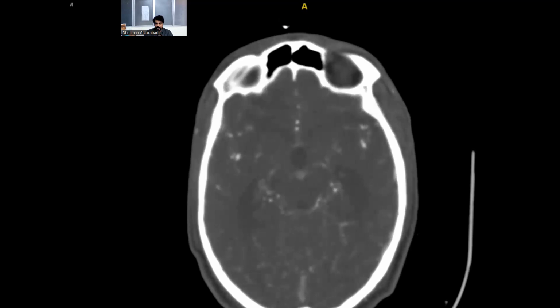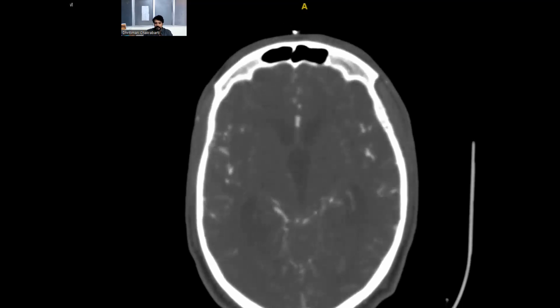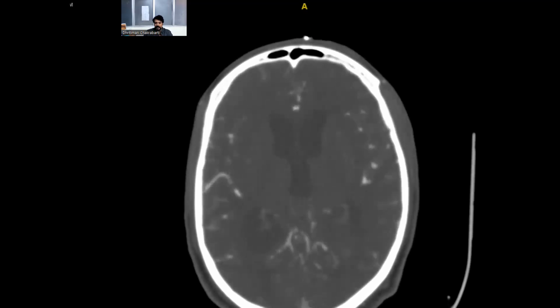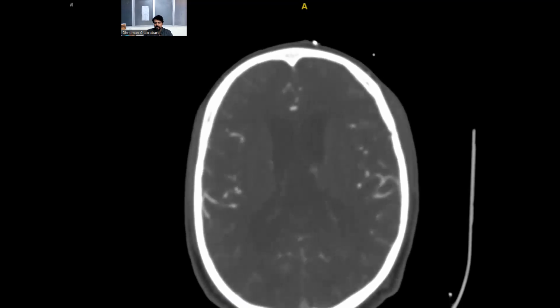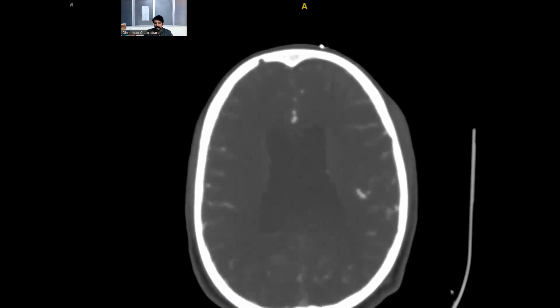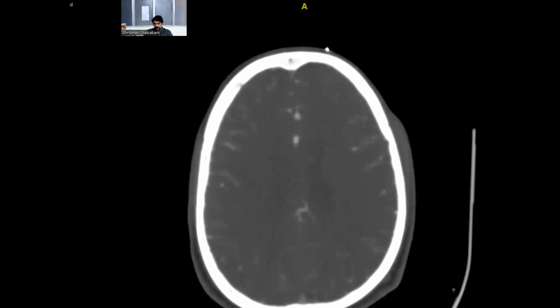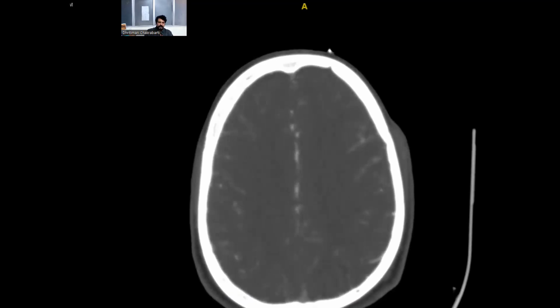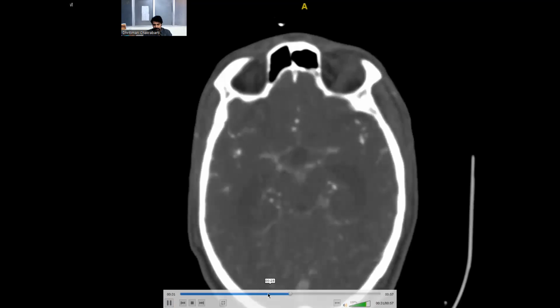Now you will start seeing them go anteriorly, loop over the corpus callosum, and then come back posteriorly, and that's it. I'll just mark it with a mouse so that you are able to follow it much better.